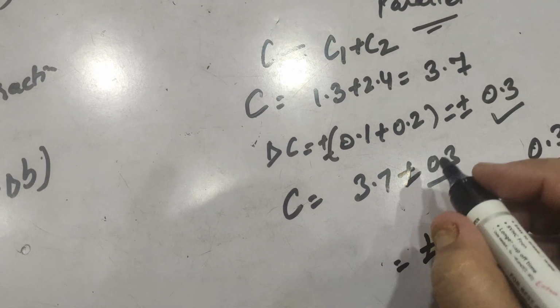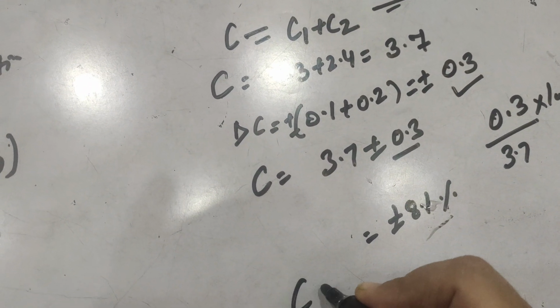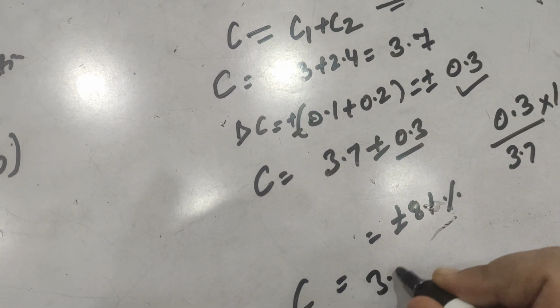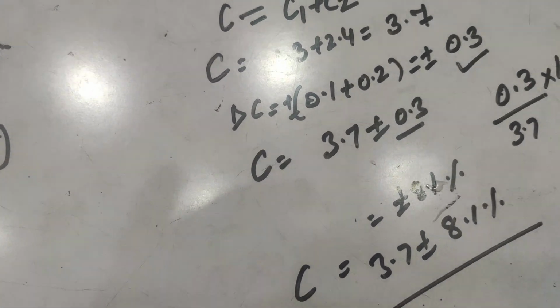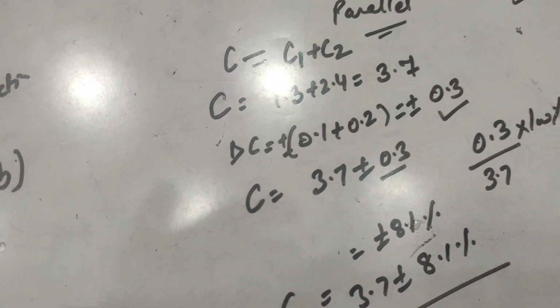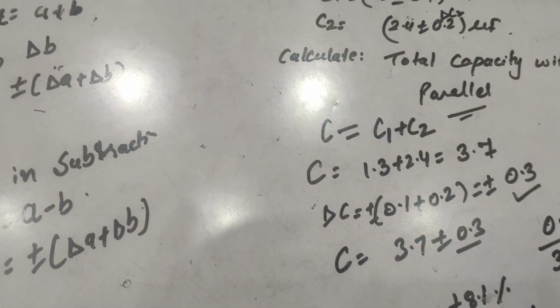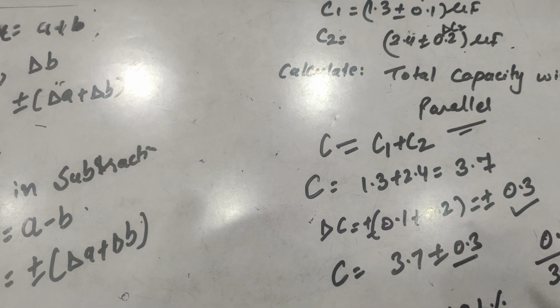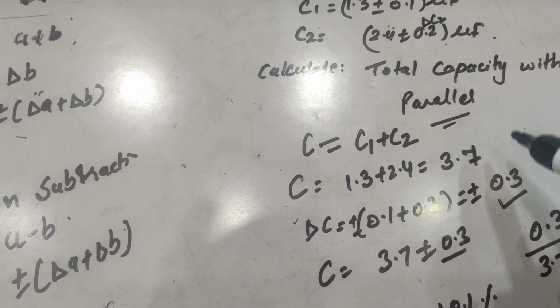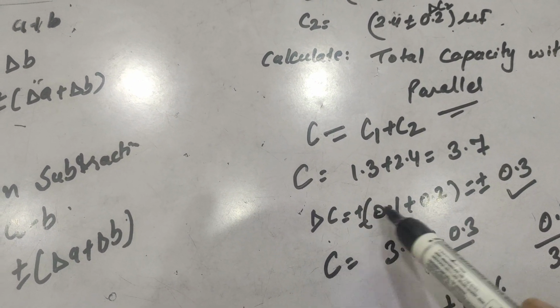So we can write the result also as C is equal to 3.7 plus minus 8.1%. This is the final result in terms of percent error. Similarly, we can solve such situations when there is a difference in the physical quantities. The same steps will be followed and the error will be added.